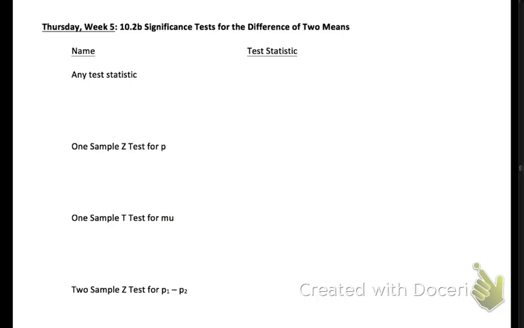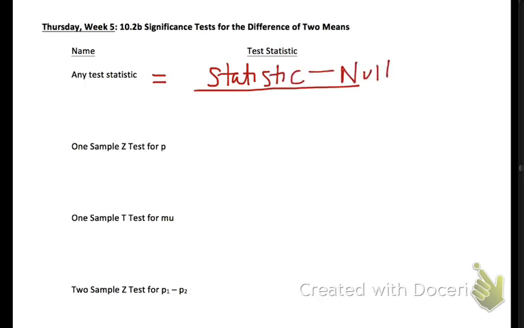We have numero uno, any test statistic. The general formula is as follows. Any test statistic equals, it is a z-score, we have our statistic minus the null parameter, the null value, maybe I'll call it.